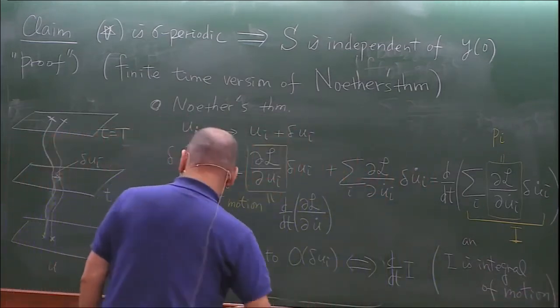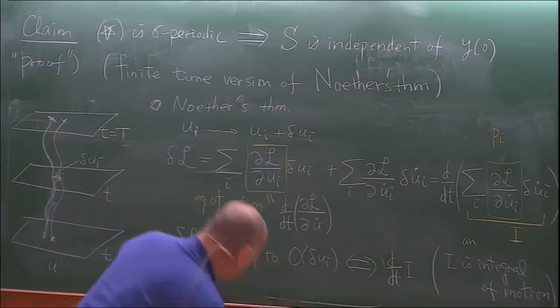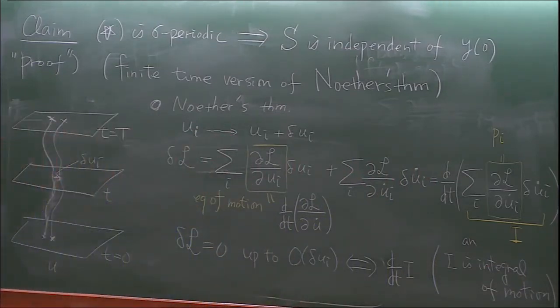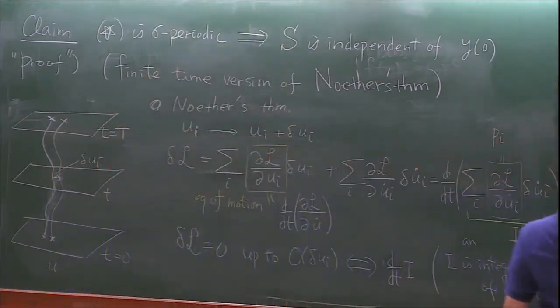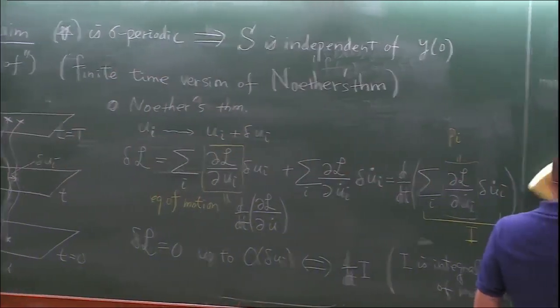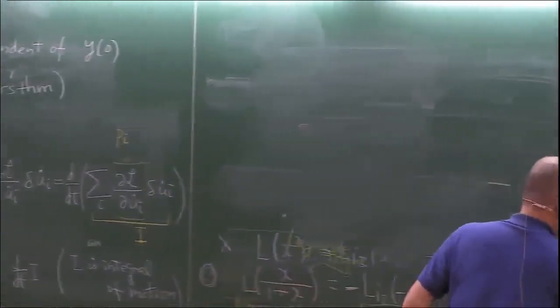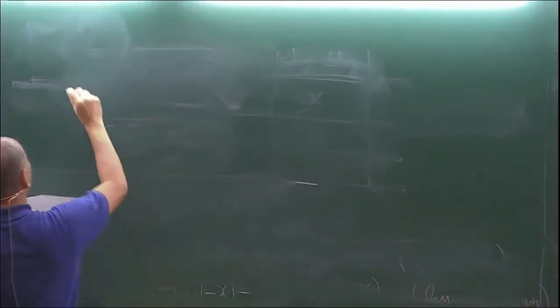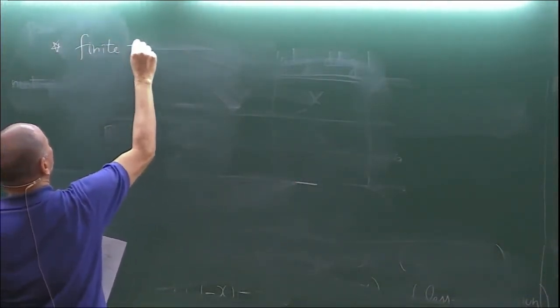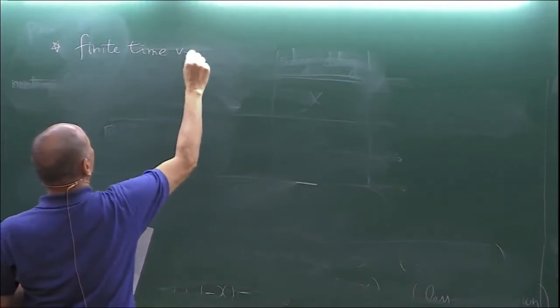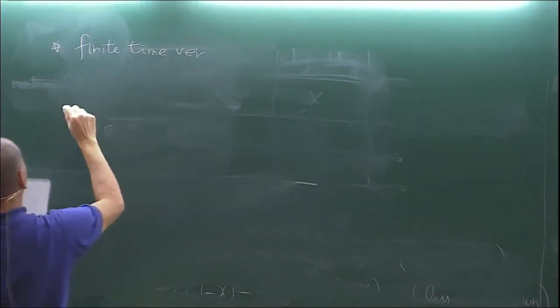But in our case, we are interested in the variation of the action itself. So, what is the finite time version? It is just the integration of this one over the time derivative.